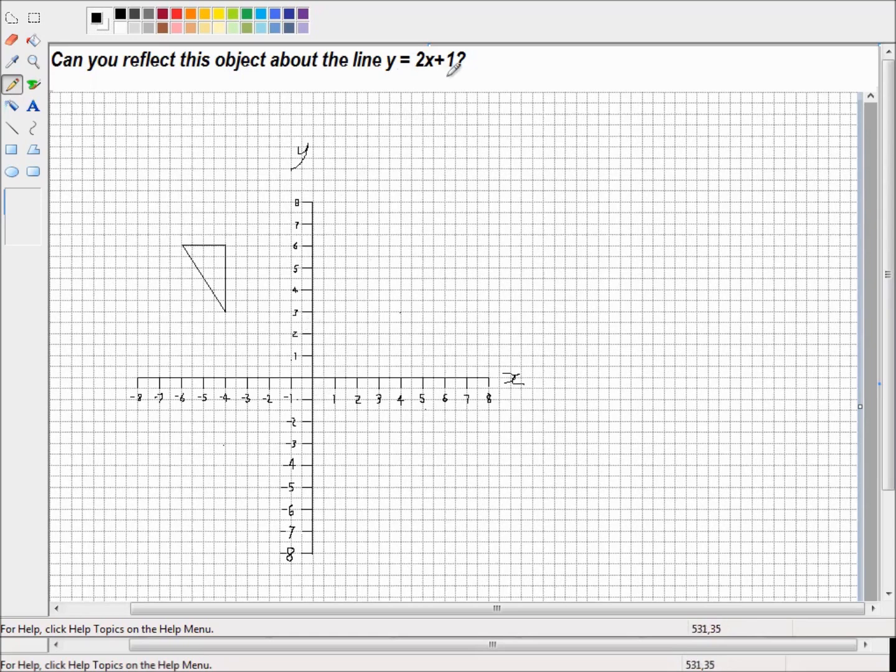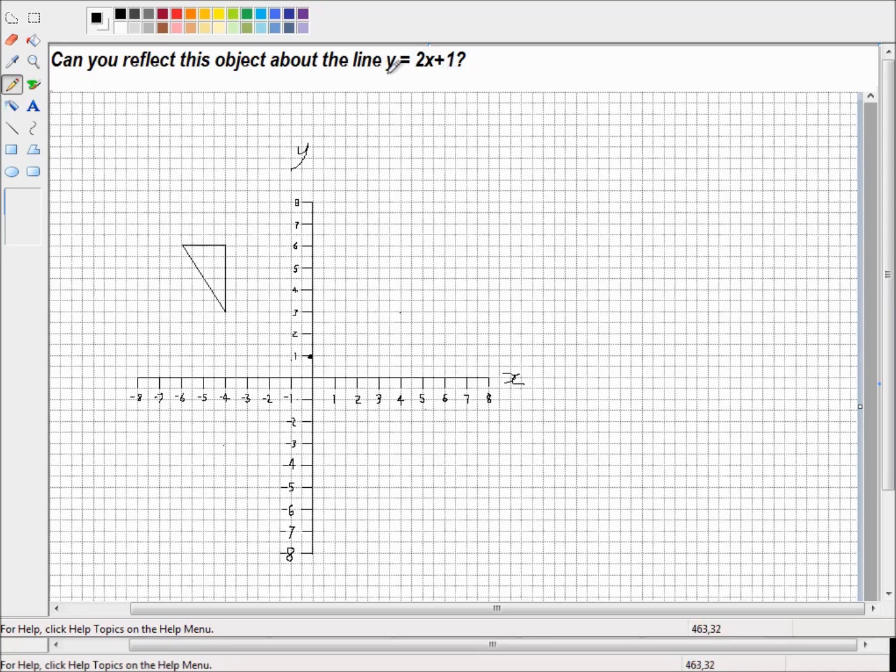So y equals 2x plus 1, so when x equals 0, y equals 1. So I'm going to plot that as a point. Now I need another point. So what about when y equals 0? 0 equals 2x plus 1.